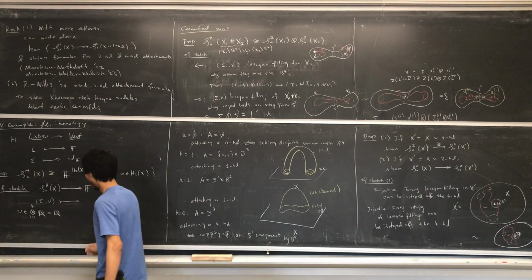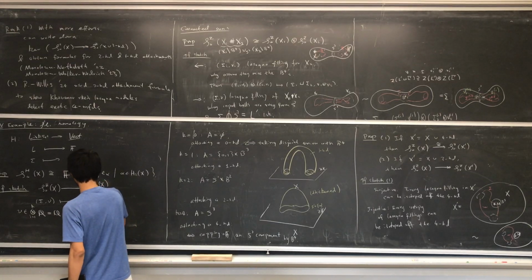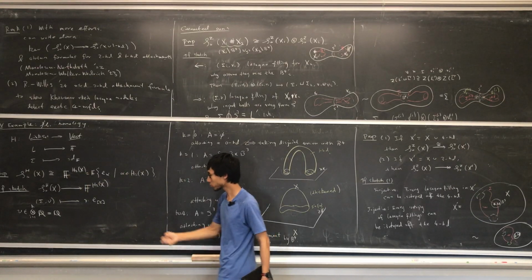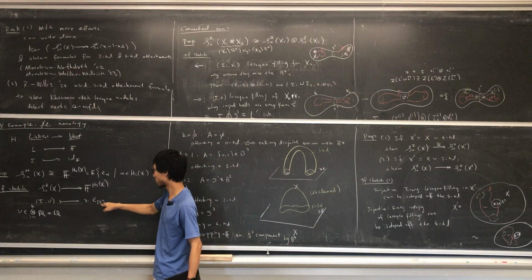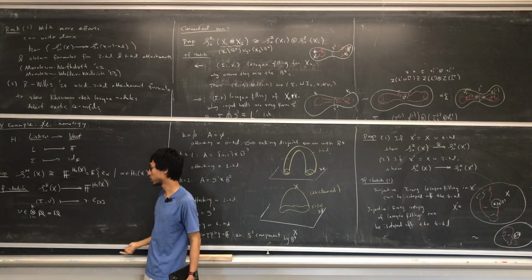And I'm just going to send this lasagna filling to V times the generator E of the second homology class of sigma. This is one generator in my right-hand side. This is my assignment.